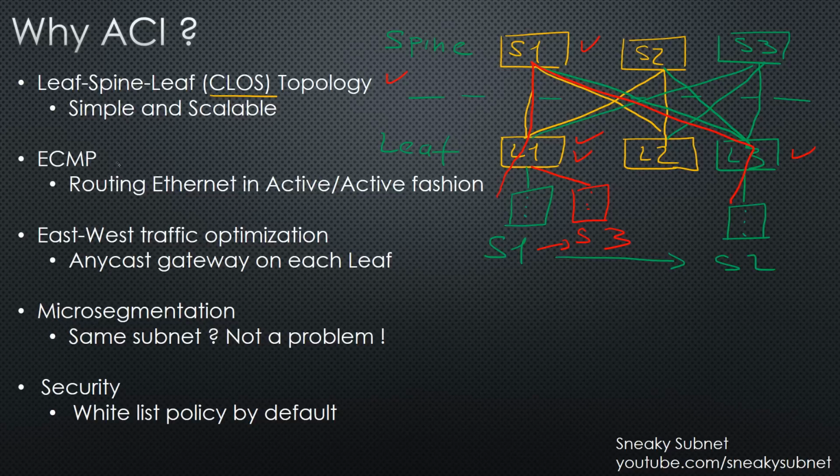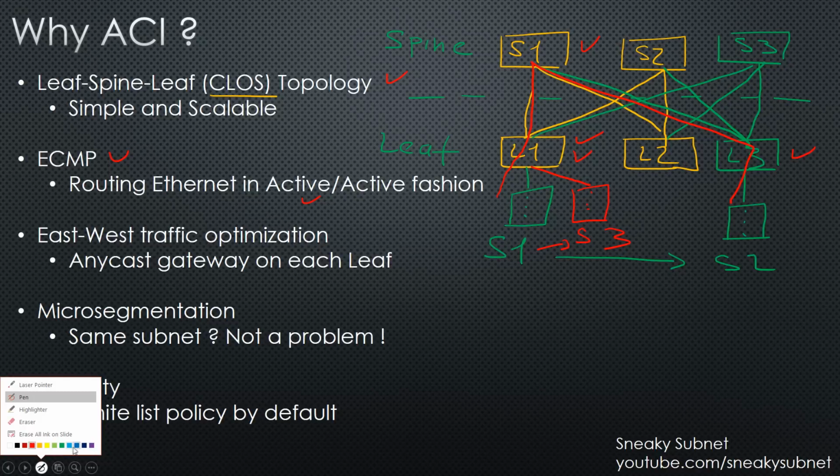Let's go further. The next advantage is ECMP, which stands for equal-cost multipathing. ACI allows for true active-active ECMP, which is achieved by routing Ethernet frames. I told you before that if server 1 wants to talk to server 2, it will traverse leaf 1, spine 1, and leaf 3. It is not the whole truth.